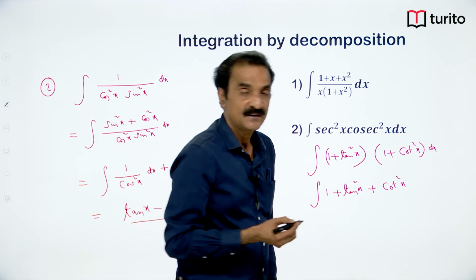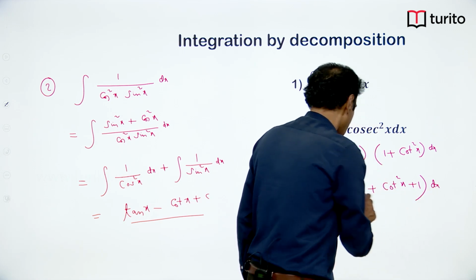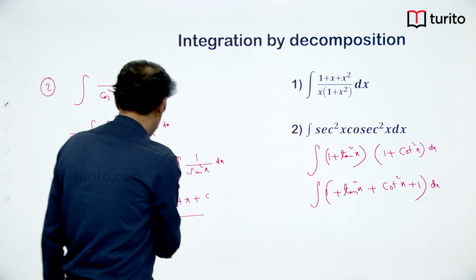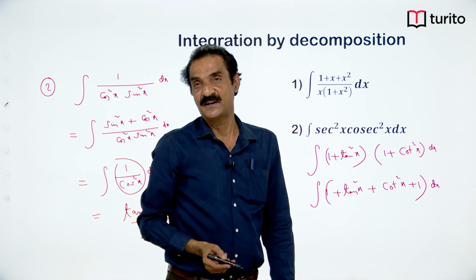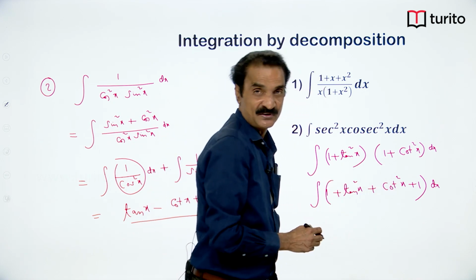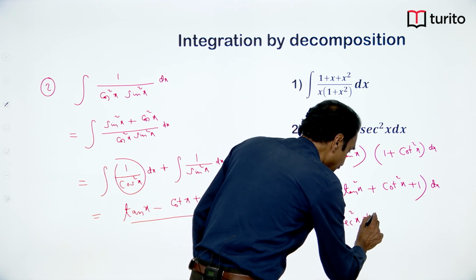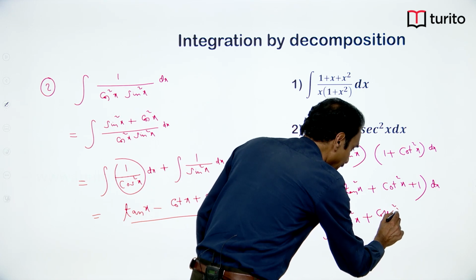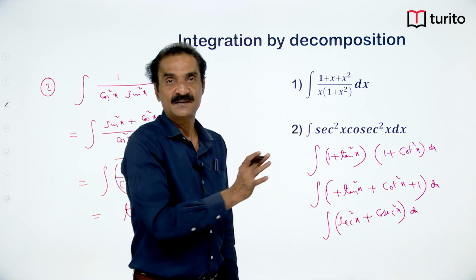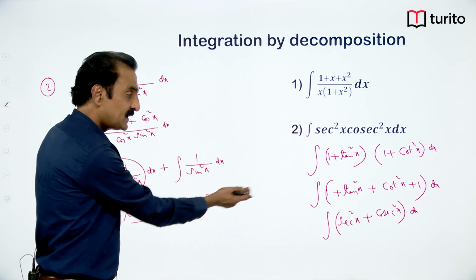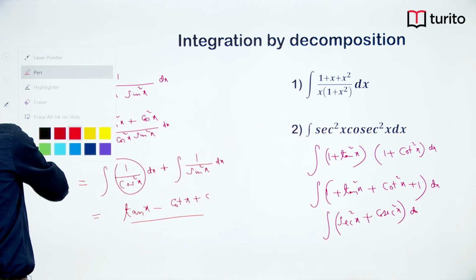So, tan square x into cot square x is 1. So, plus 1. Then again 1 plus tan square x is secant square x, plus cot square x plus 1 is cosecant square x. So, it becomes secant square x plus cosecant square x. For addition, we can write the separate integrals: tan x for the first term and minus cot x for the second term, right.